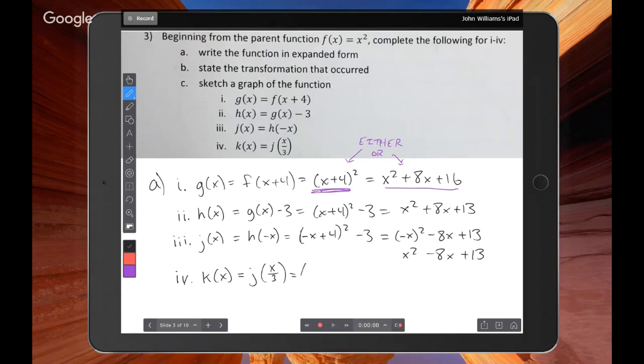So that equals negative x over 3 plus 4 squared minus 3, if I'm using that form, or x over 3 squared minus, let's see, let's make this 8x over 3 plus 13.